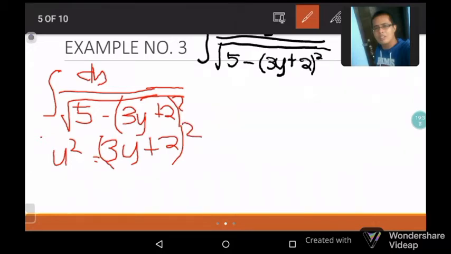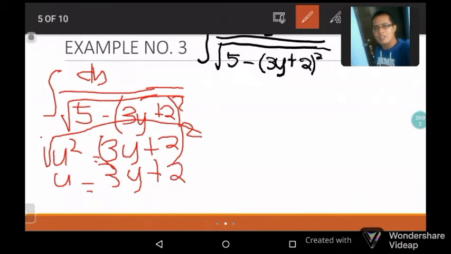So your u will be what? So 3y plus 2. Pero syempre, dahil meron tayong dy, dapat meron tayong du. Okay, what's the derivative of 3y plus 2? Okay, so 3 dy. Ang problema natin, in our given, that's 3 dy. And you have here, derivative of u is 3 dy.